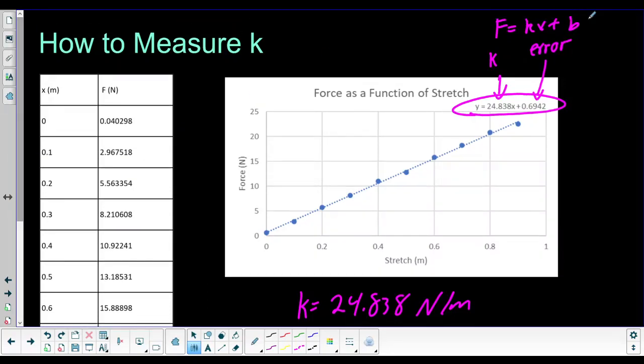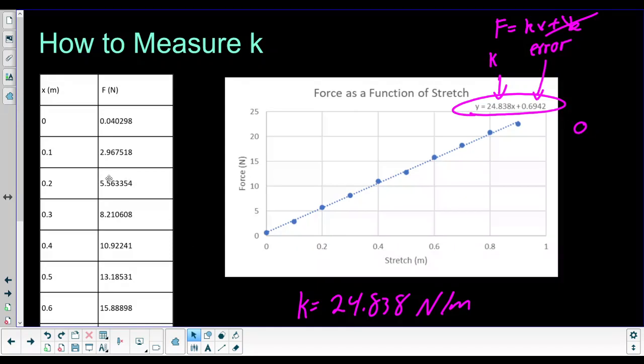Because of Hooke's law, we know that there isn't a y-intercept, and it should be equal to 0. But because force gauges are a little sensitive, and maybe we didn't pull it exactly 20 centimeters, maybe we pulled it 21 centimeters, and we measured this value.